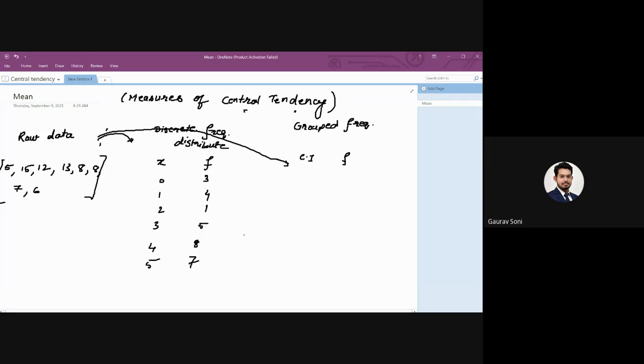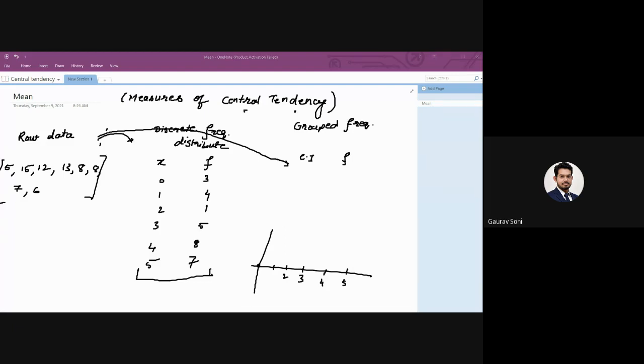What we observe is, on the x-axis, I'll take this discrete frequency distribution here: 0, 1, 2, 3, 4, 5.